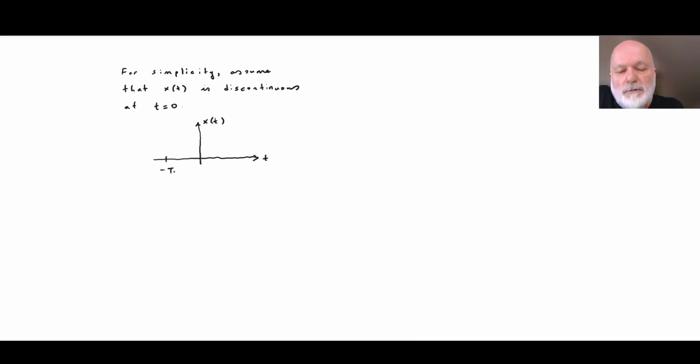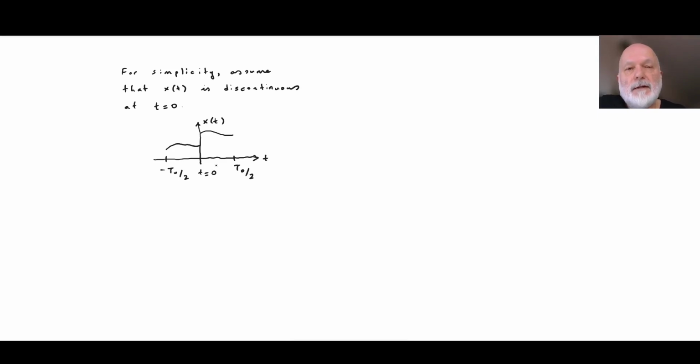We draw the graph from minus t0 over 2 to t0 over 2 over a period. It will repeat itself periodically with period capital T0. So here the signal will be a smooth function for negative values of t. Then it will have a discontinuity at t equal to 0. And again, it will be smooth over the interval where t takes positive values. So we have only a single discontinuity at t equal to 0.